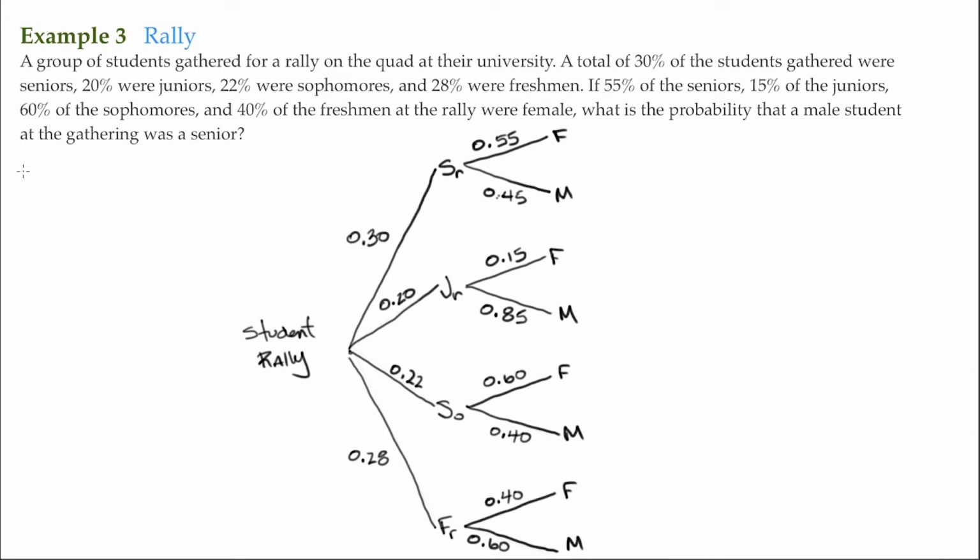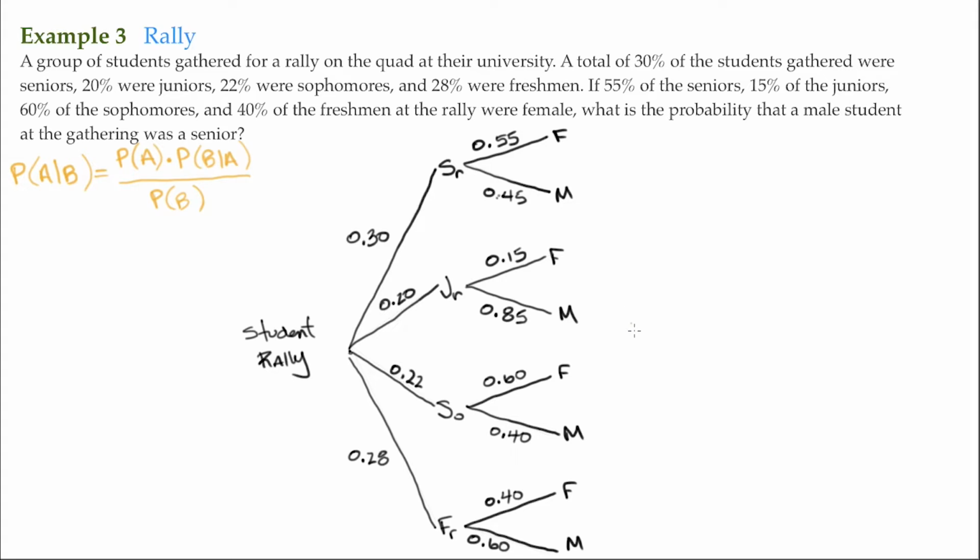So now what Bayes' theorem says, it says that the probability of A given B, that's going to be equal to the probability of A times the probability of B given A divided by the probability of B. So for this, what is the probability that a male student at the gathering was a senior?